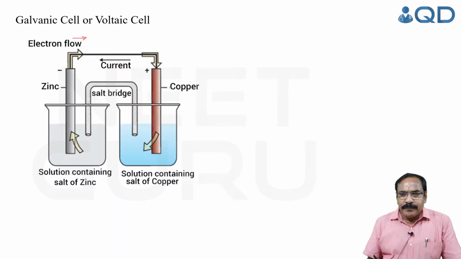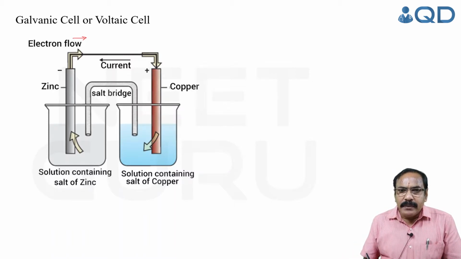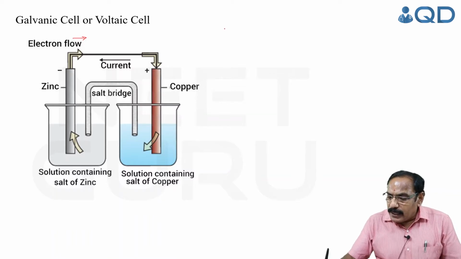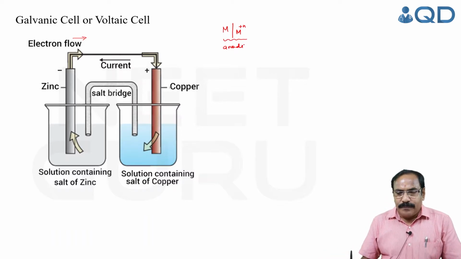Now, a galvanic cell is represented by the IUPAC rule. The anode is represented as metal | metal ion. This is the anodic half cell, and it is always kept at left.